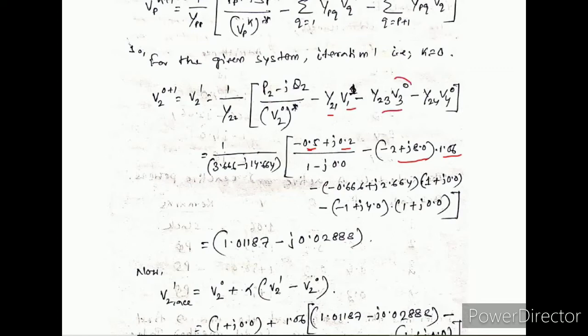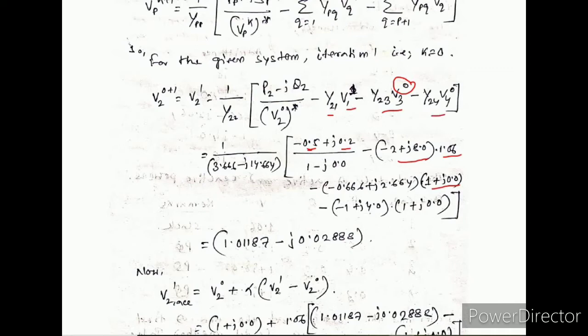What is V3 to the power 0? V3 to the power 0 means the earlier value, whatever value is given in the numerical, that is 1 plus j 0.0. So we have to put 1 plus j 0.0. You can see all the PQ bus values are 1 plus j 0.0. Now we have to put y of 24 into V4 to the power 0.